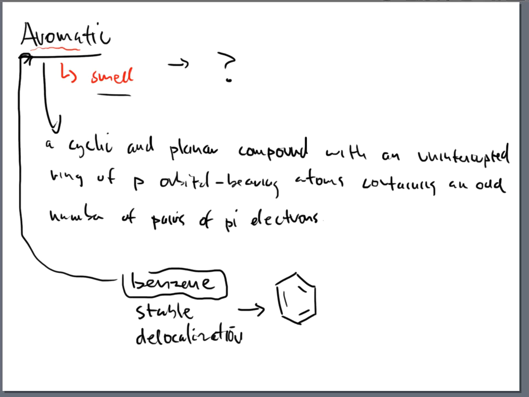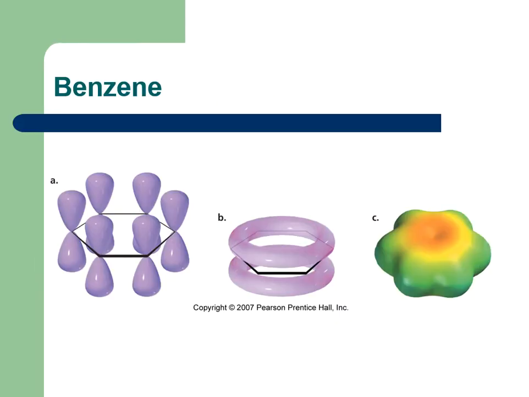All right, so I'm going to go back and pull up an old school picture of benzene for you. This is what three representations of benzene look like. We drew this six-membered ring with double, single, double, single, double all the way around.